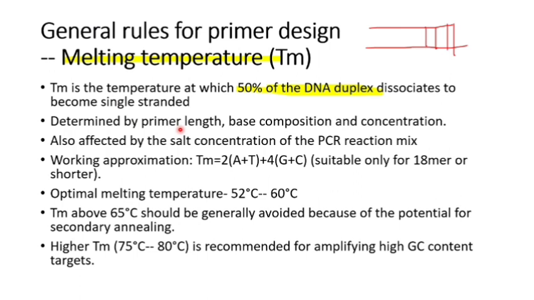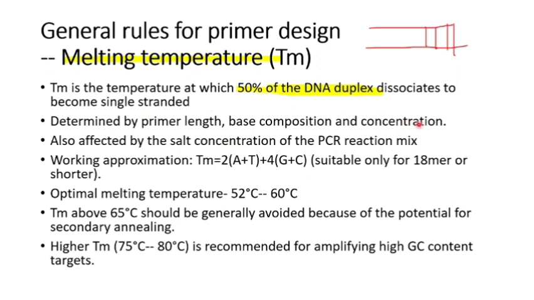This Tm of the primer will be determined by the primer length, its base composition, and the concentration of the primer. So these three parameters determine the melting temperature. It is also affected by the salt concentration in the PCR reaction mix.